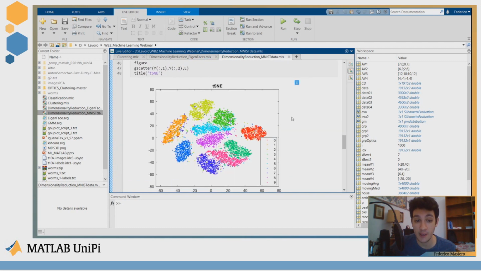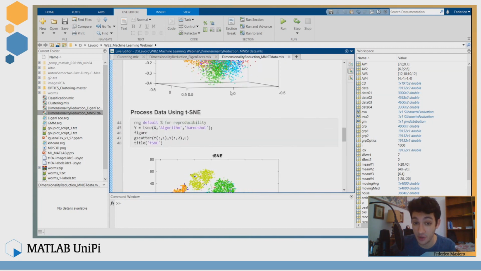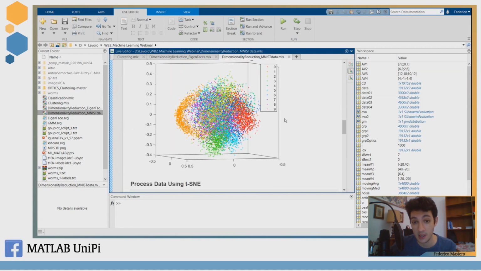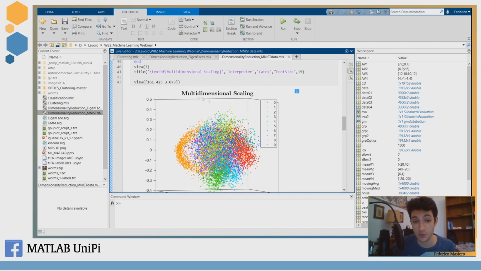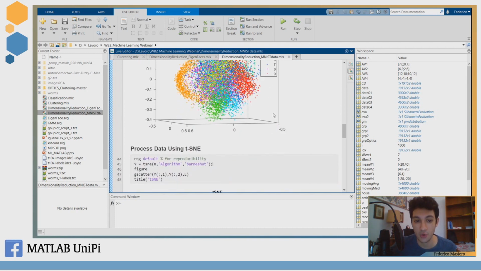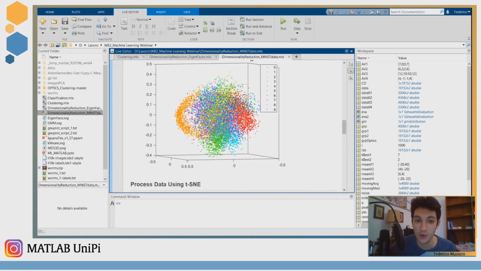It is actually impressive how good this algorithm is at reducing the dimensionality of the MNIST dataset, but I can tell you that it does not preserve the distance between points, or at least not as well as multidimensional scaling does. So with multidimensional scaling in 3 dimensions or in 2 dimensions, depending on how many principal components you decided to keep, you would end up with a more confused representation, but maybe more representative of the real data that you have.